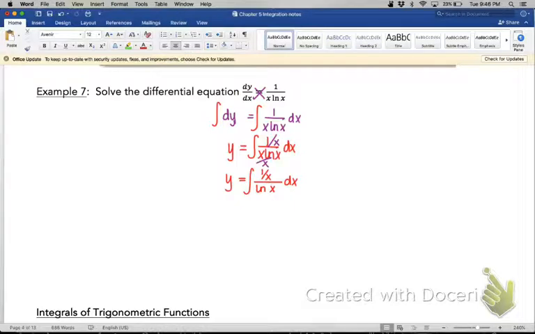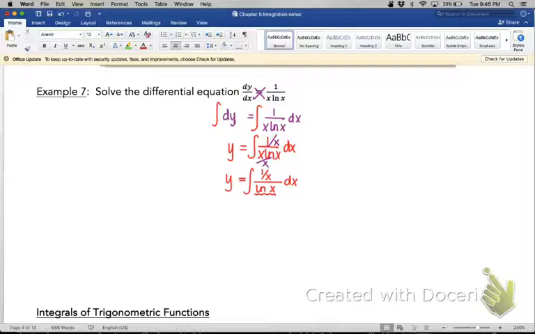Now, why might that be helpful? Well, look at what we've accomplished now. The numerator is the derivative of the denominator, and that is that whole chain rule that we were working with. The derivative of natural log of x is 1 over x.